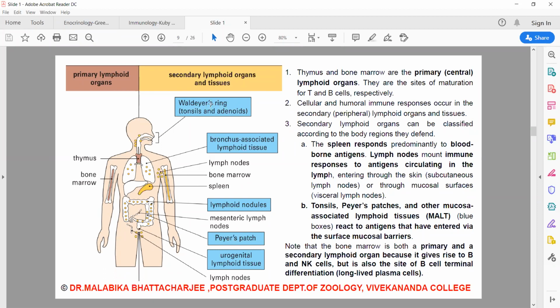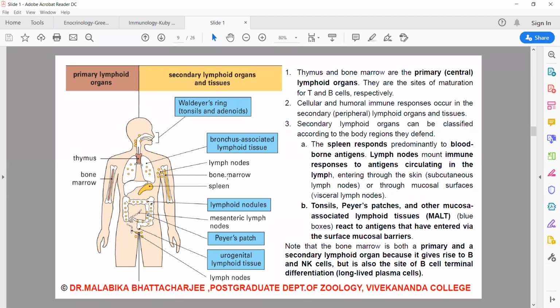There are also certain specialized lymphoid structures found in the neck region and in the gut region. These also fall under the secondary lymphoid organs, where the antigens enter via the mucosal surface. So this is a briefing about the primary and the secondary lymphoid organs.